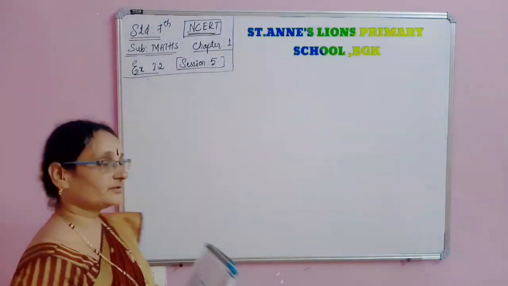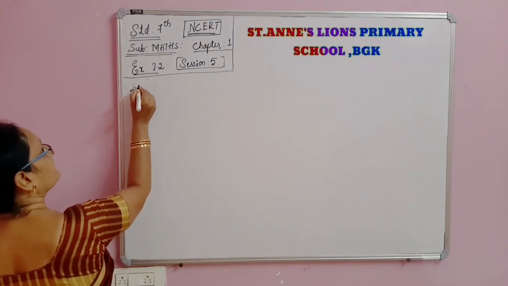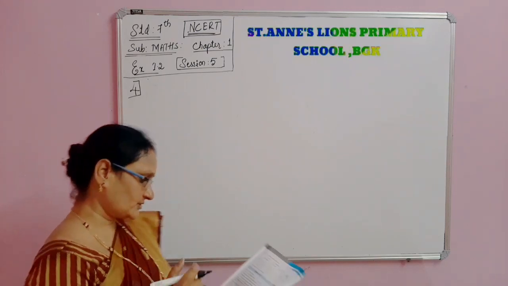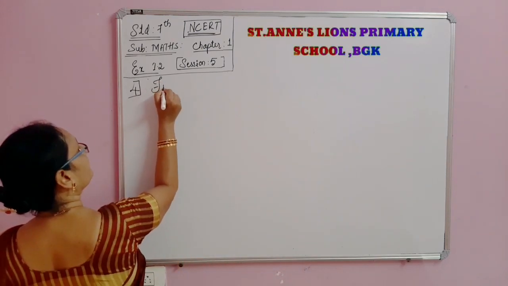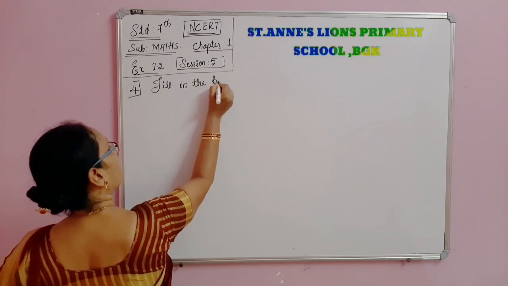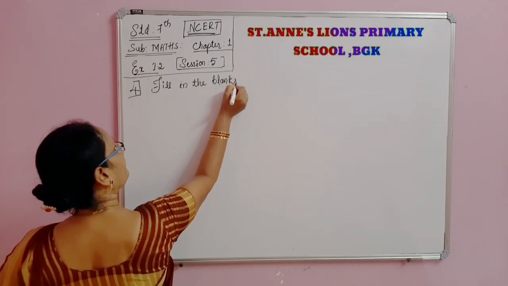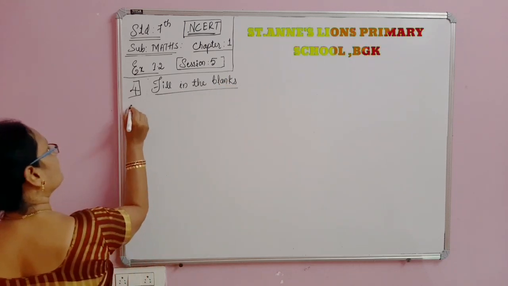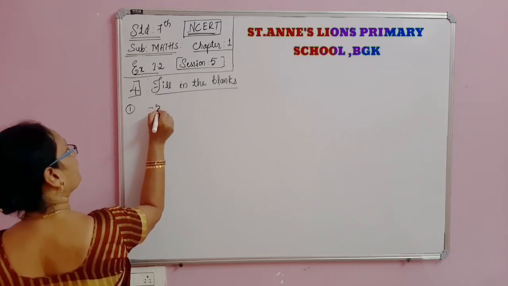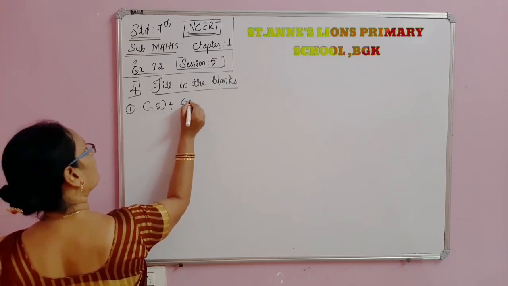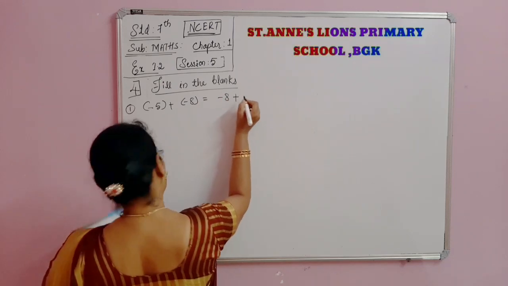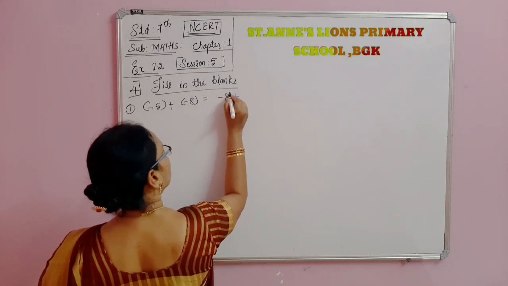Next, the fourth main, that is fill in the blanks. Fill in the blanks to make the following statements true. So, first one, -5 plus of -8 is equal to -8 plus of dash.